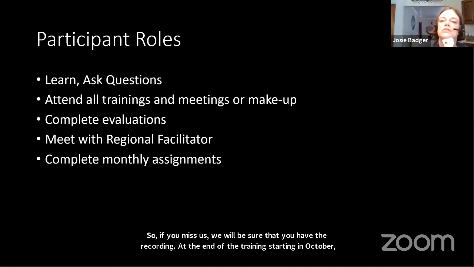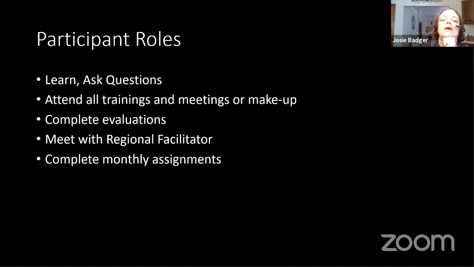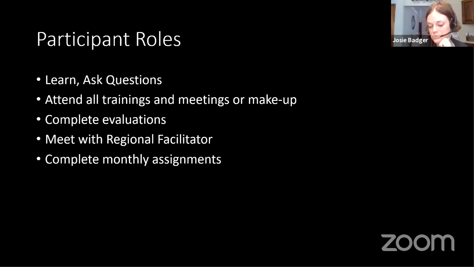You will be asked to meet with your regional facilitator, Rachel, between each of our monthly meetings. We'll probably work with all of you to find one time a month to have a regional chat on Zoom, and complete monthly assignments. That's where I will be giving you all types of information and instructions and examples so that we can bring you and your story to life to make a difference.